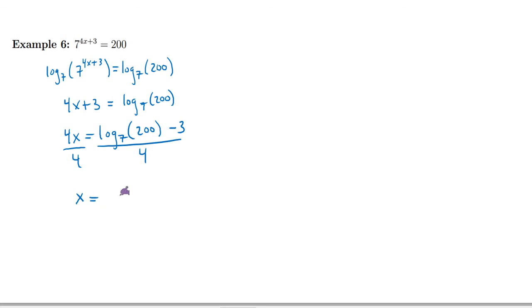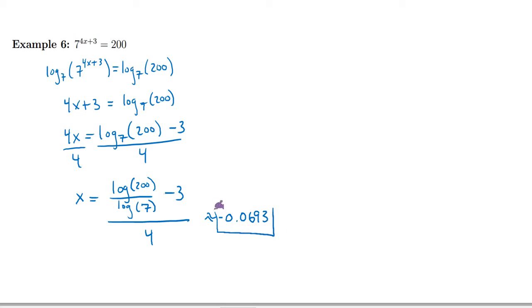So we will get x is equal to log of 200 divided by log of 7, the base, minus 3 over 4, and then this will approximately be negative 0.0693.